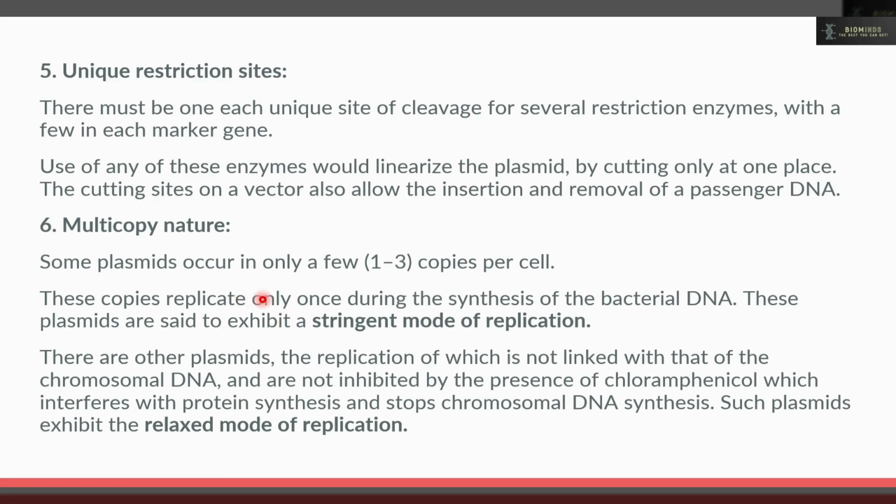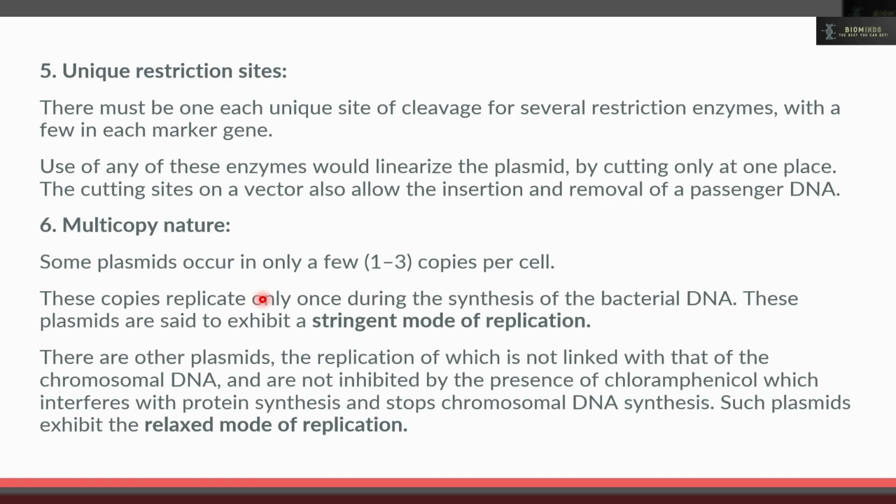In a human cell, we have one copy of the genome per cell. During replication in the cell cycle, we have two copies of the DNA, and the two copies are separated into the two daughter cells. So normally we have one genome per cell.